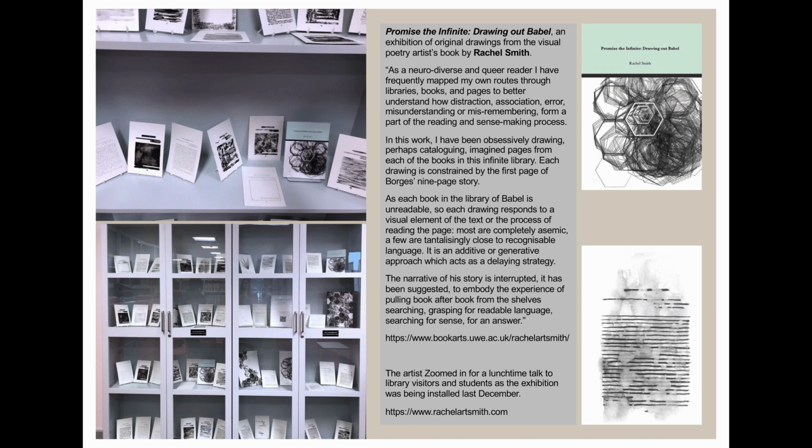So the idea is that she's taken a short story about an impenetrable library and made it more impenetrable. She says it's like asemic writing. You've got that pattern of words and sentences, but you're not going to be able to read them because they don't contain any information that you can access.